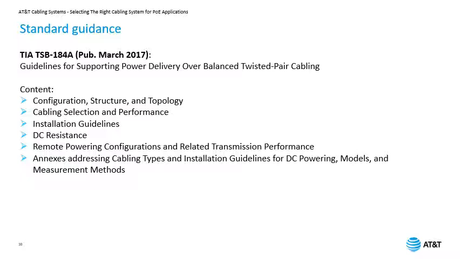It contains configurations, structure and topology of PoE, cable selection and performance, installation guidelines, DC resistance, which is very important, and then remote powering configurations and related transmission parameters. There are annexes addressing cabling types and installation guidelines for DC powering modules and measurement methods.